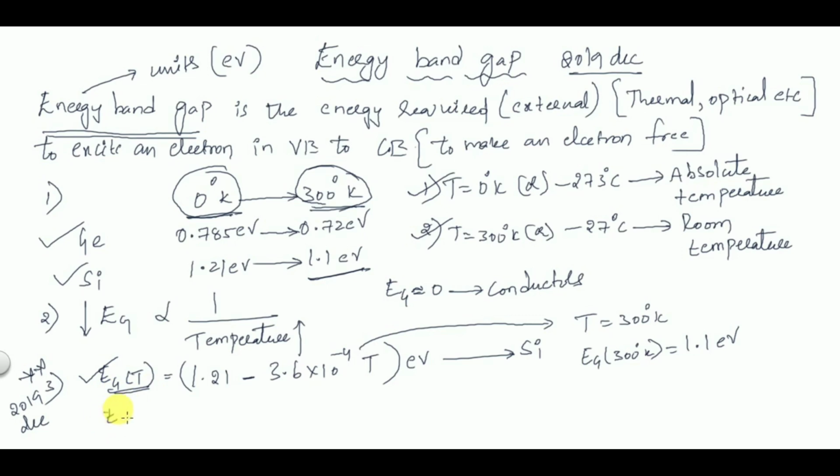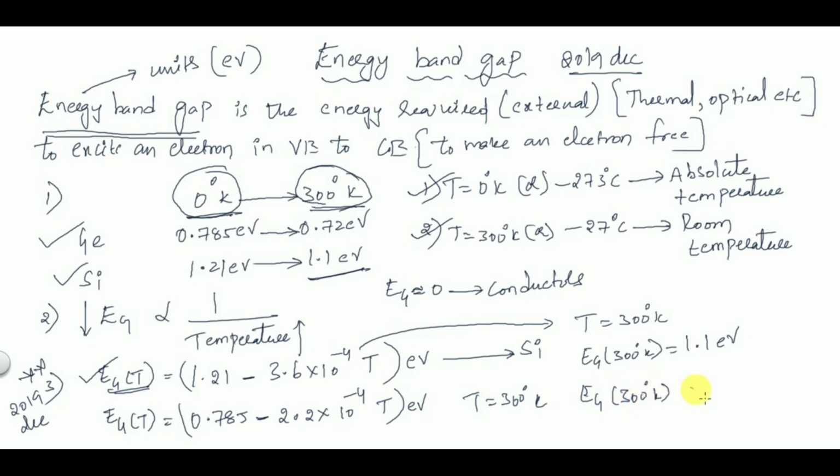Okay. Similarly for germanium, Eg of T is equal to 0.785 minus 2.2 into 10 to the power of minus 4 into T electron volt. Similarly, if you substitute T equal to 300 degrees Kelvin, you will get Eg at 300 degrees Kelvin as 0.72 electron volt.